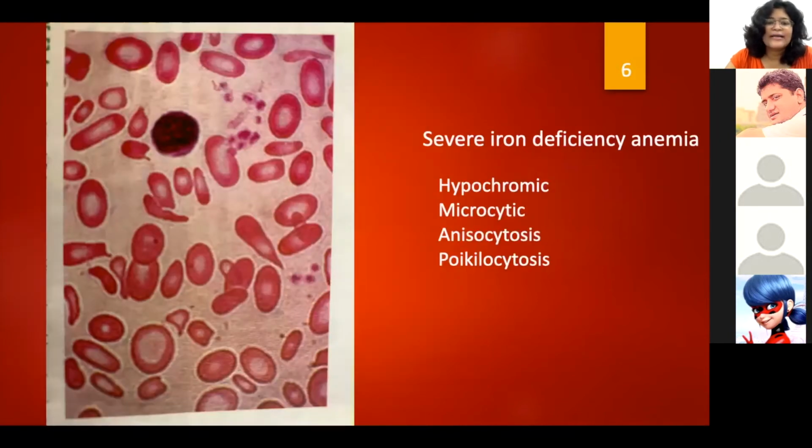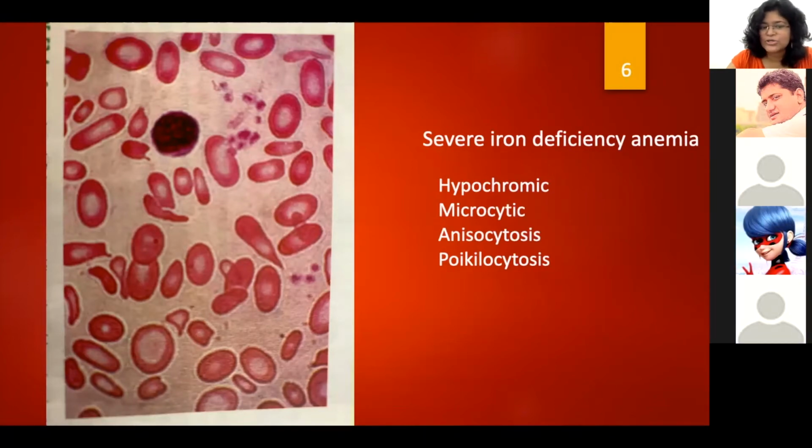In severe iron deficiency anemia, you not only see tiny cells, which are called microcytes. You'd see them hypochromic, which means they have more pallor compared to the usual cell. They're very pale in the center. And they are anisocytic. Anisocytosis means the sizes vary considerably.